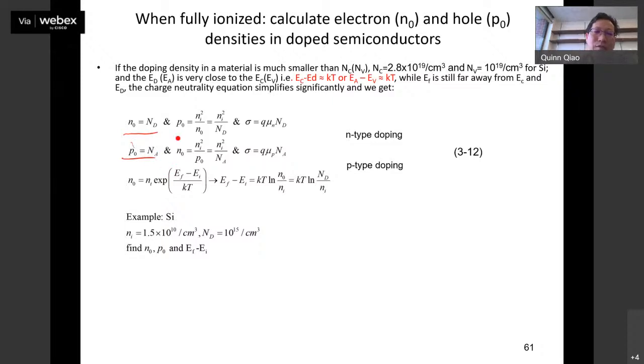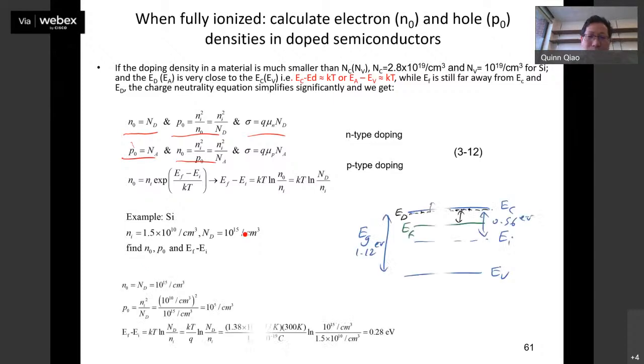Then you can use this equation to find the minority carriers, and then find the conductivity. The conductivity depends on the higher concentration of charge, either electron or hole, that is brought into the wafer from the dopant.